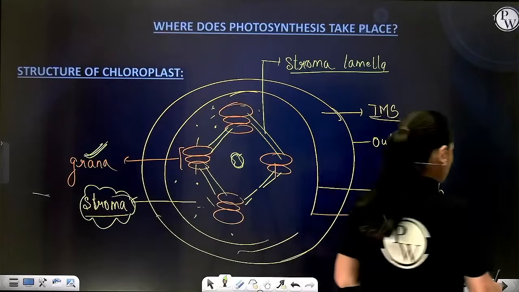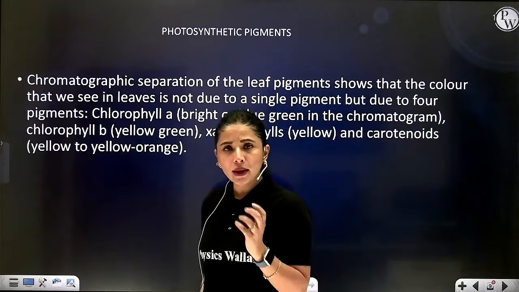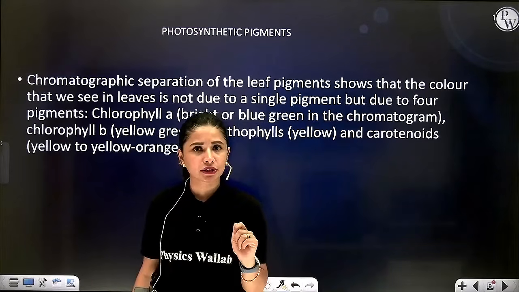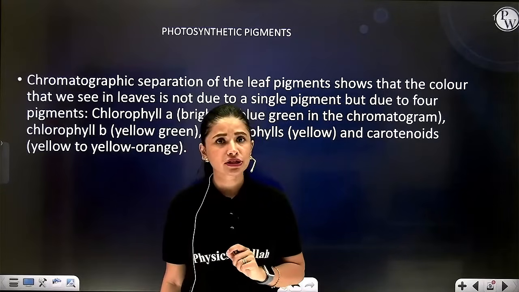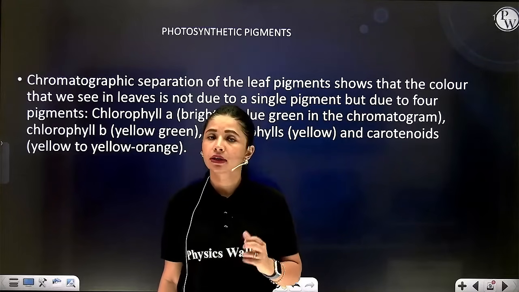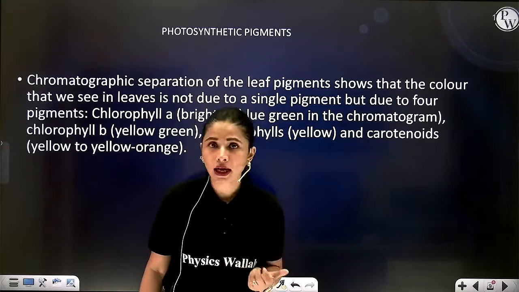But my dear students, before proceeding with the concept of light reaction, a very important thing required to perform light reaction is the photosynthetic pigments found on the thylakoidal membrane.